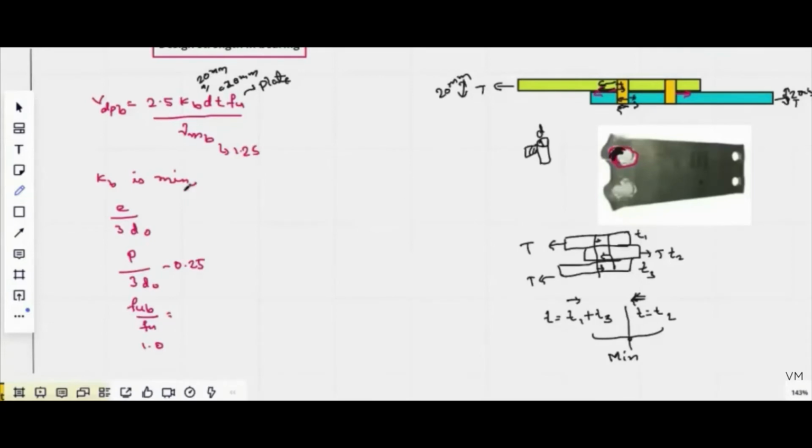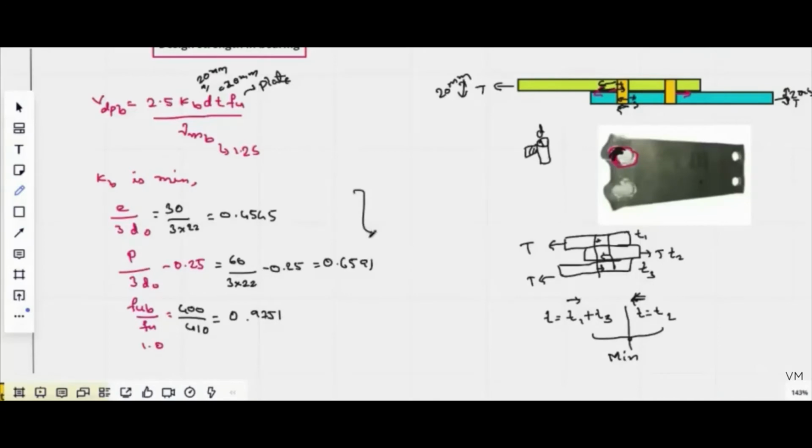Now let us calculate the value of KB. The end distance is given as 33 over 3 into 22, and if we calculate it, this value will be 0.4545. The pitch given in the question is 60 by 3 into 22 minus 0.25, which comes to 0.6591, and 400 by 410 tends to 0.9756.